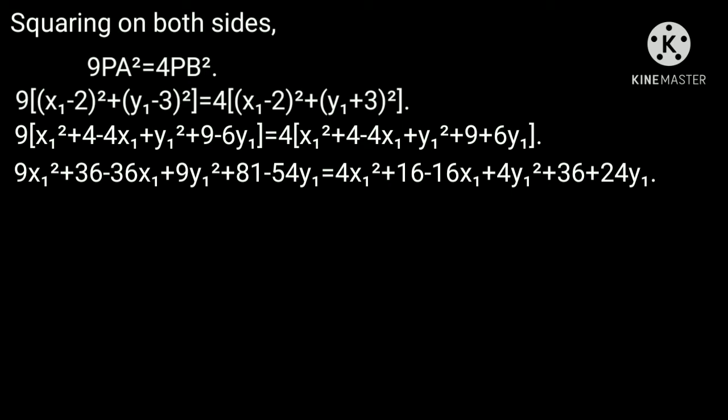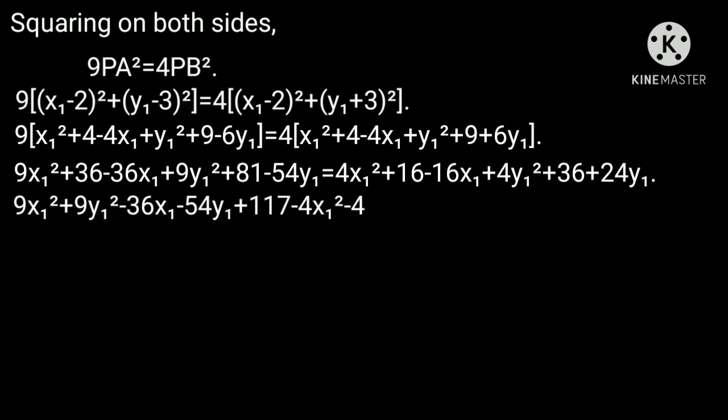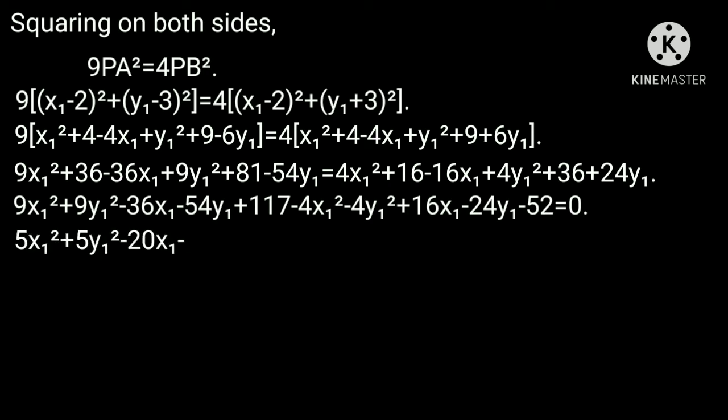Taking all values on the left side of the equation, we have 9x1² + 9y1² - 36x1 - 54y1 + 117 - 4x1² - 4y1² + 16x1 - 24y1 - 52 = 0. After simplification, the equation becomes 5x1² + 5y1² - 20x1 - 78y1 + 65 = 0.